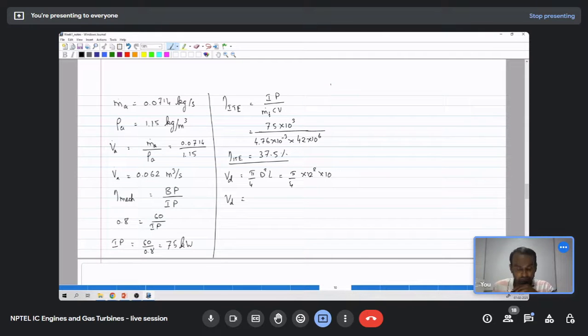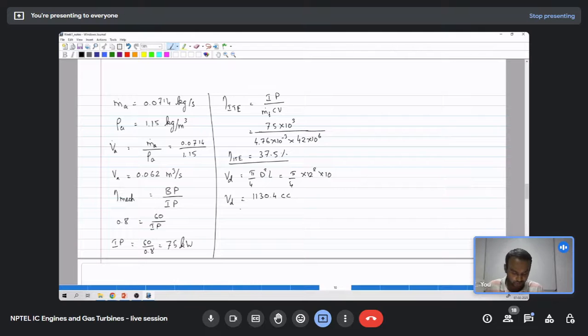What is the displacement volume? 1130.4 cc.